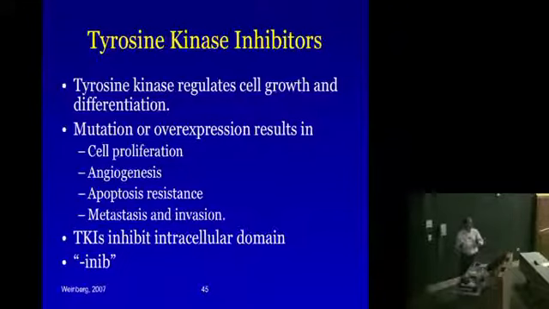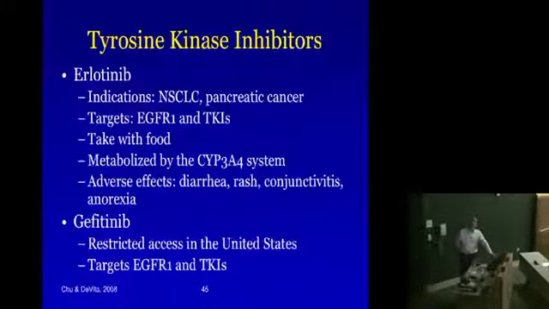And so a ligand is now able to attach to the cell. There's no blocking of the ligand, which the antibodies do. This time what happens is you prevent phosphorylation of the cells from the intracellular domain, and all drugs in this class are ending in INIB, which is being able to tell whether or not this is a tyrosine kinase inhibitor versus a monoclonal antibody. And so Lapatinib is the first one to come to market.